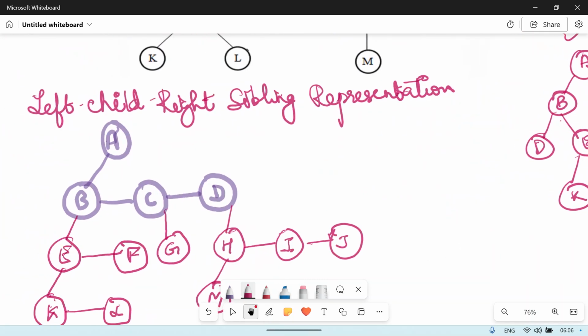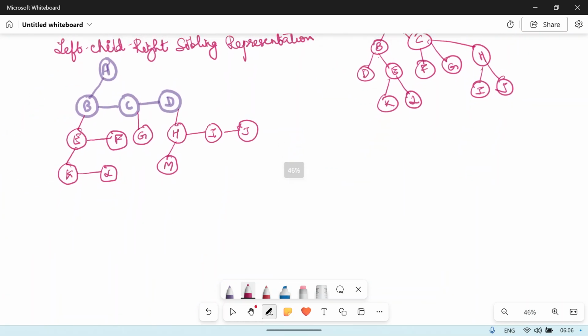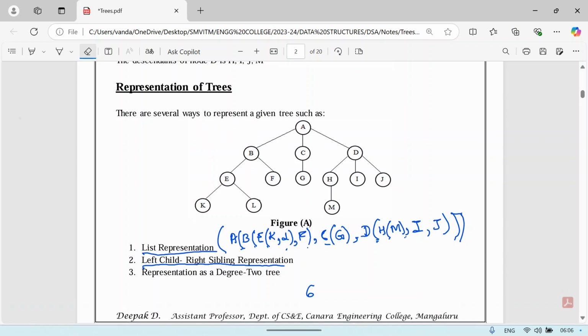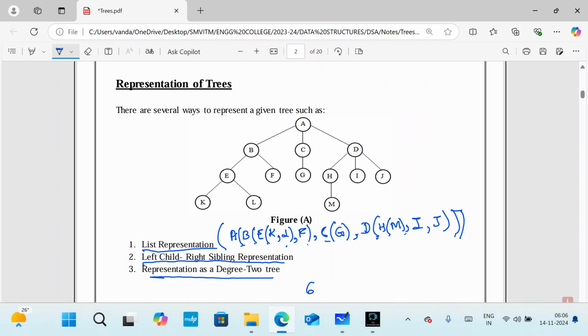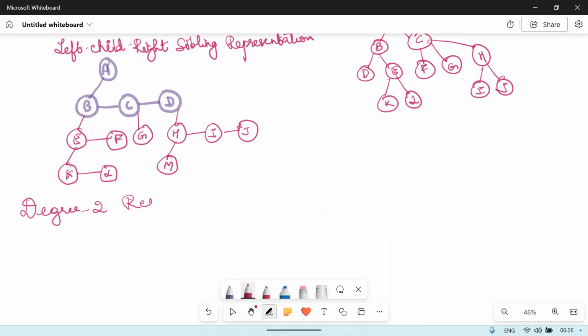The next one is the degree 2 representation. Representation as a degree 2 tree. So we'll do the degree 2 tree representation.